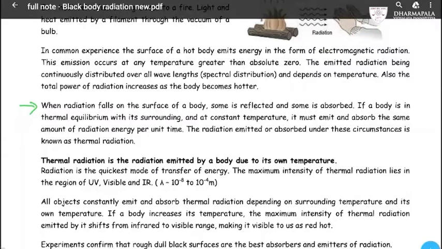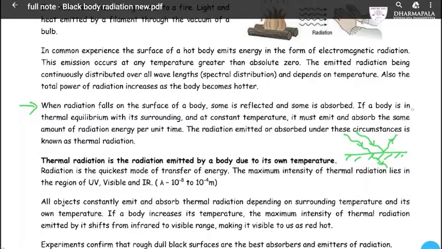The next paragraph says, when radiation falls on the surface of a body, some is reflected and some is absorbed. So if this is a certain object surface, then radiation is incident on it. Some radiation can be absorbed by the object and some can be reflected.